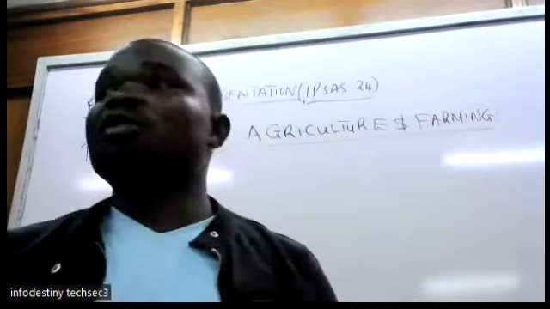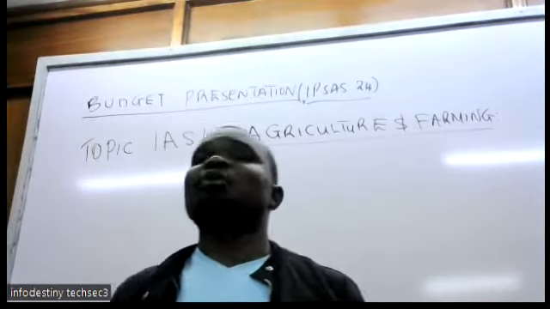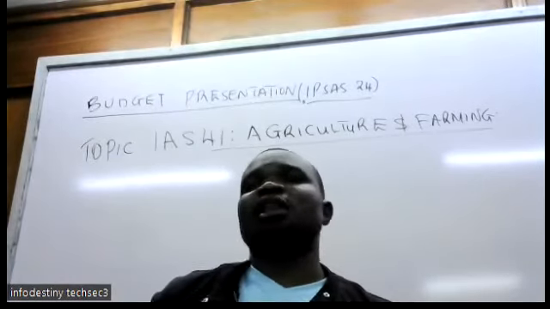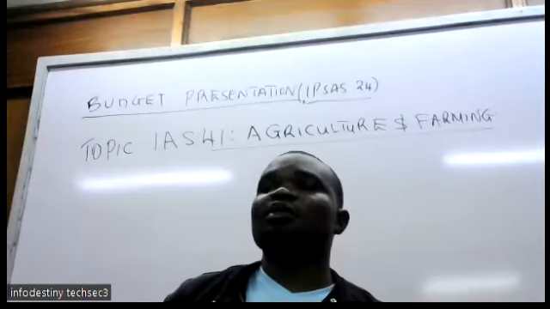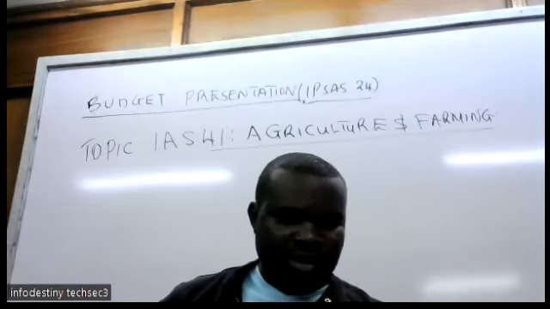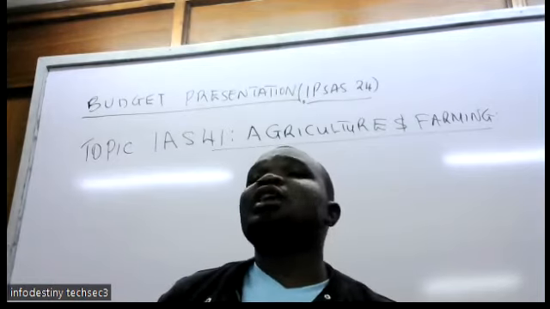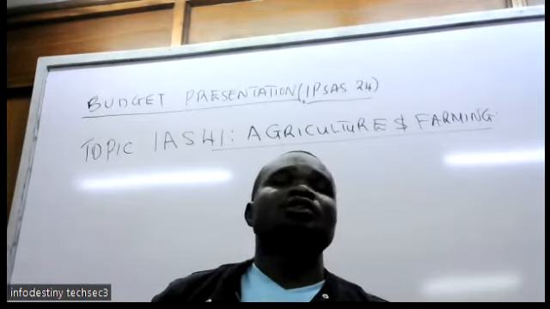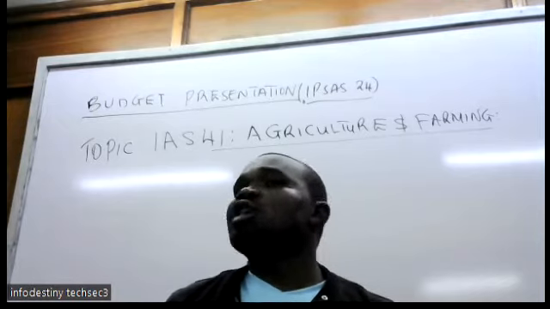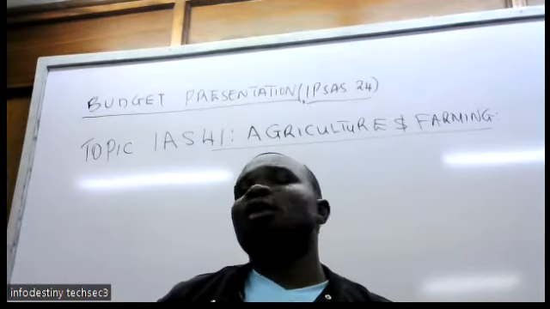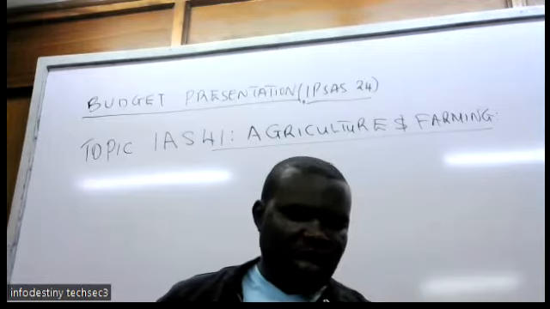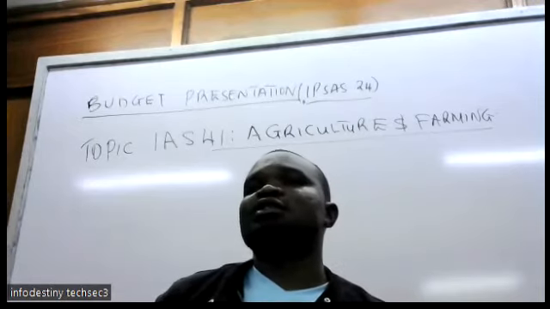So in the questions, you will get such. Examiner anakuambia biological assets were estimated at this. So the question is, what are biological assets? In simple words, biological assets, these are living plants and what? Animals. So if you have plants, hapo kwa shamba, and animals, combination, they are called biological assets.